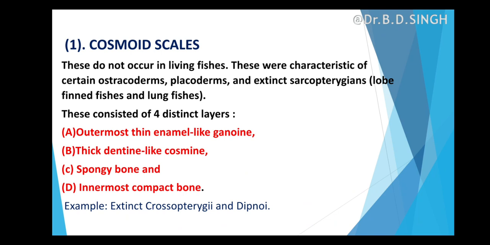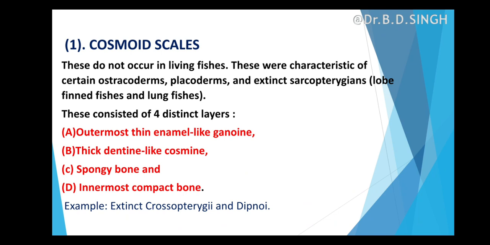These are considered of four distinct layers: A. Outermost thin enamel-like ganoine, B. Thick dentine-like cosmine, C. Spongy bone, and D. Innermost compact bone.